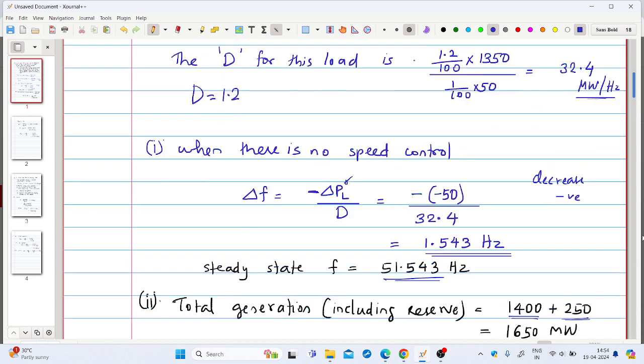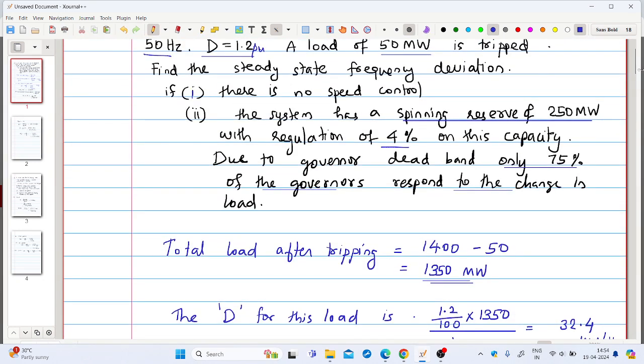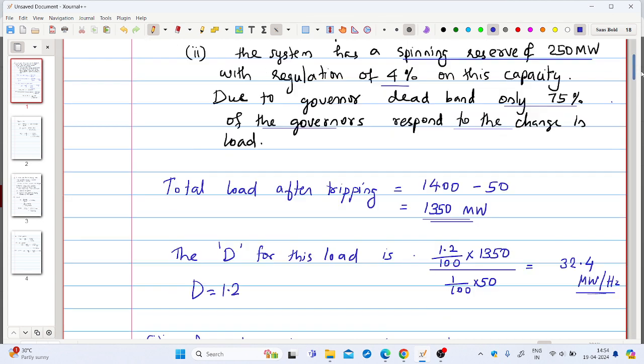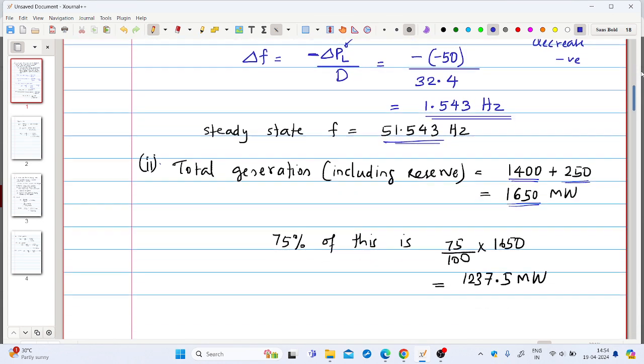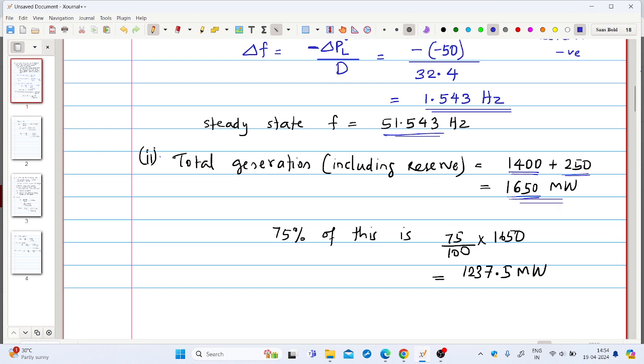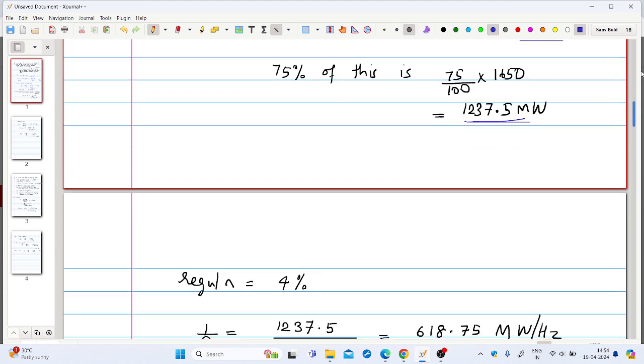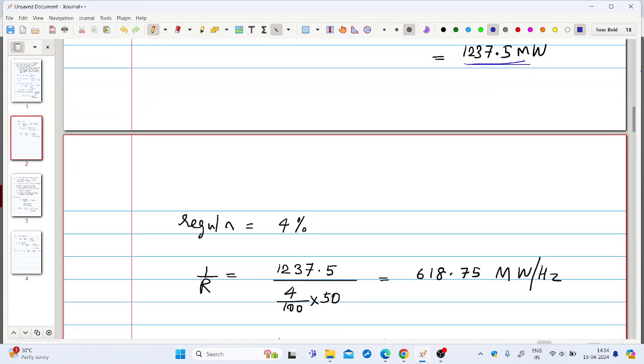That is given in the question. So 75% of this total generation capacity is 1237.5 megawatt. So that is the total generation.